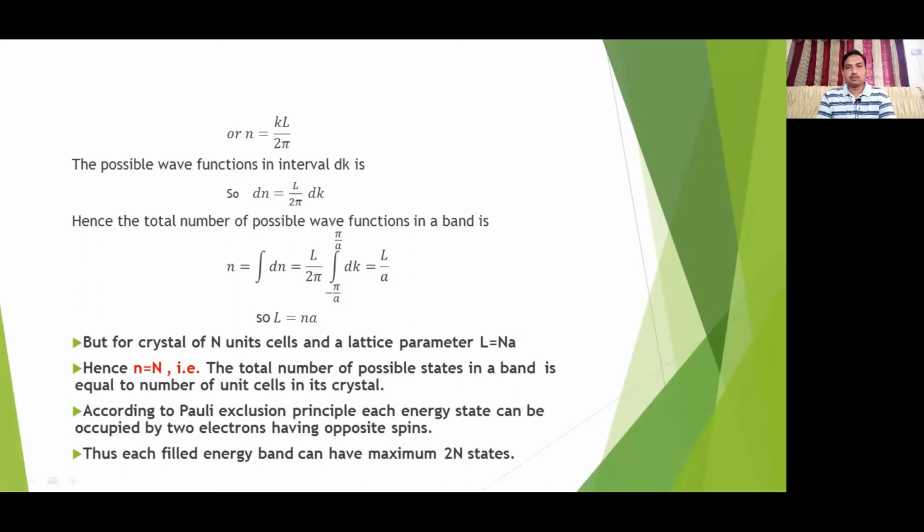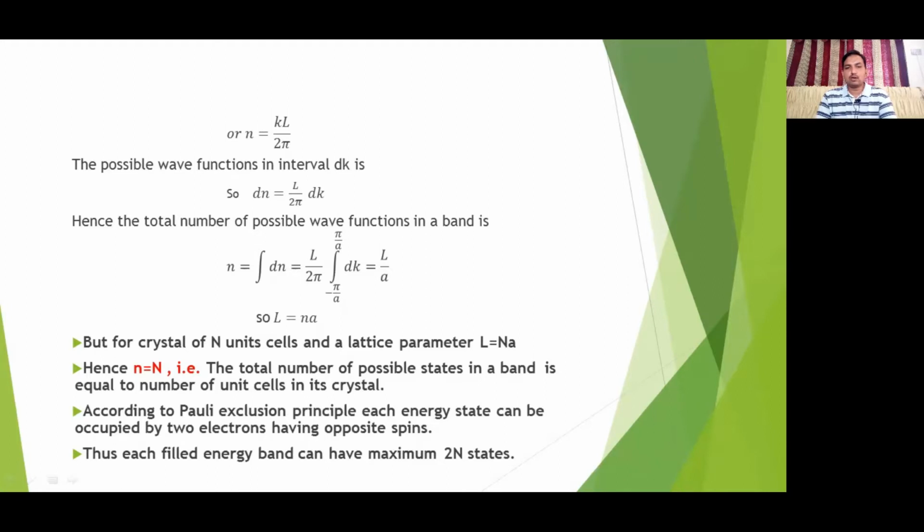One more thing is important in that situation. According to the Pauli exclusion principle, each energy state can be occupied by two electrons having opposite spins. Electrons exist in pairs, one with spin up and the other with spin down. So each energy state can be occupied by two electrons.